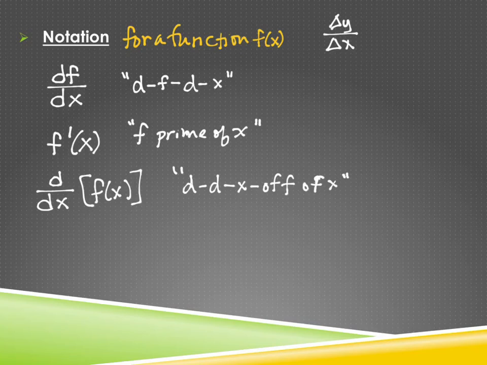All it's saying is the change in x, the d dx, of the function f of x, how it's changing. Just another notation. It is the one we use the least frequently.